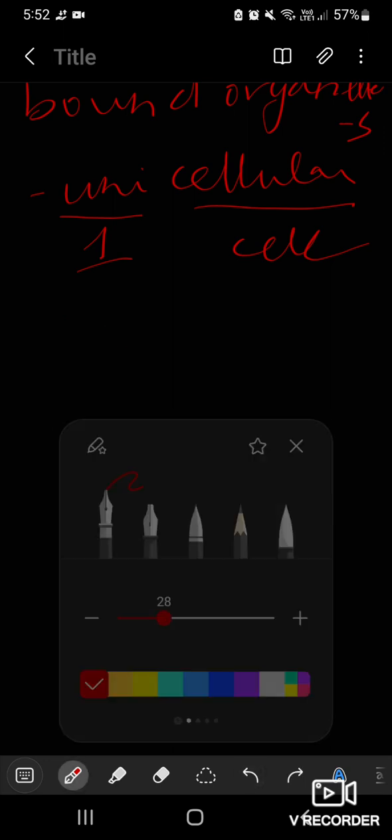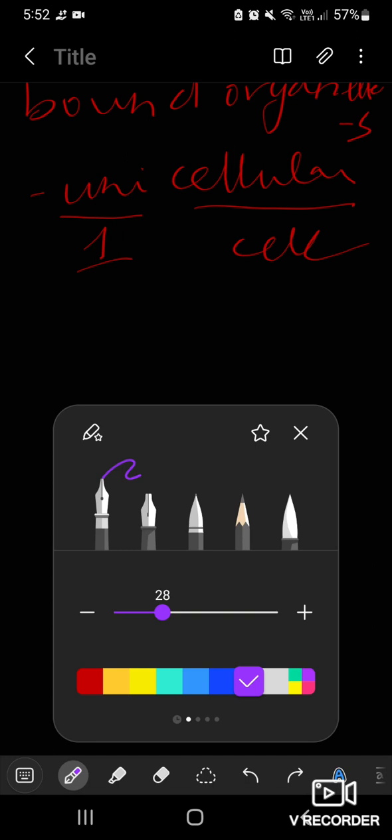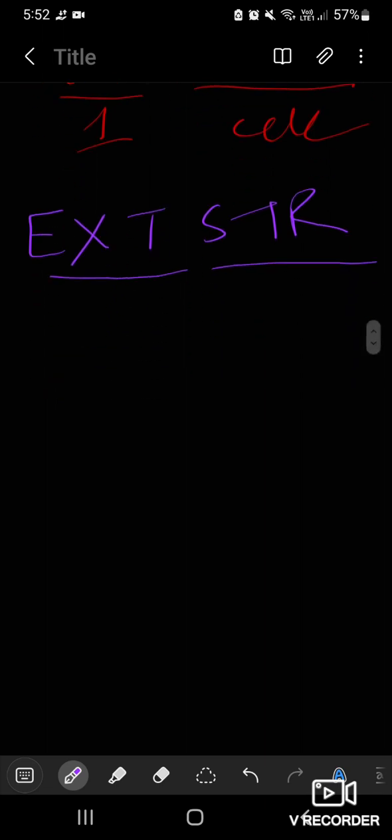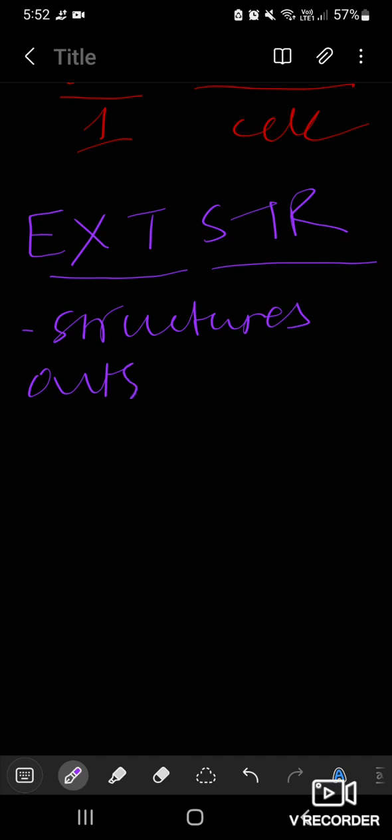Then we have external. I'll write that in a different color. External structures. I will write it in short forms. So external structures, we have structures outside the cell wall. So these are all the structures which are present outside the cell wall.